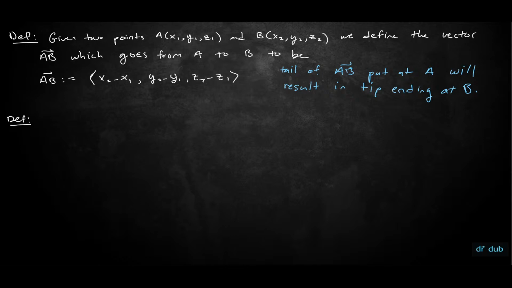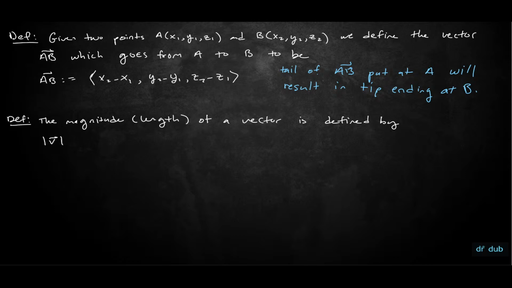Okay, another definition is the magnitude or the length of a vector. The magnitude or length of a vector is defined by almost like absolute value around the vector.